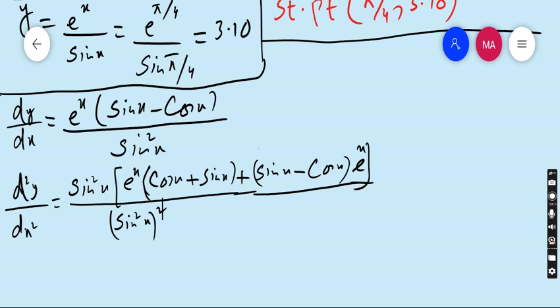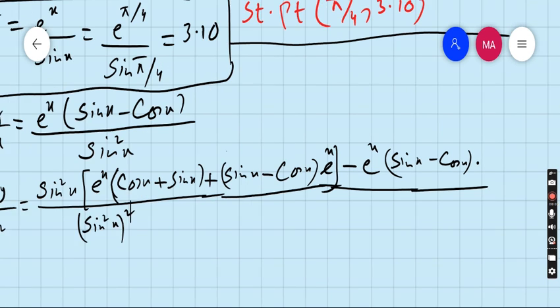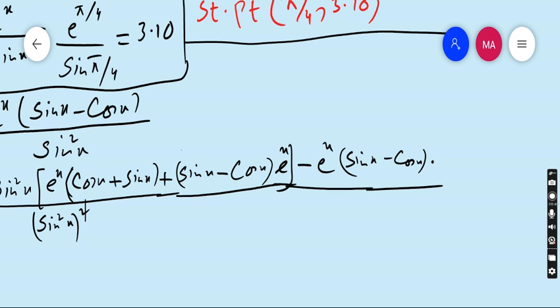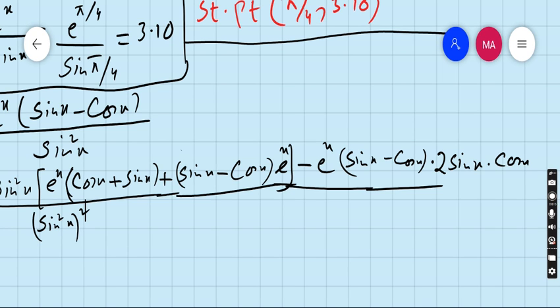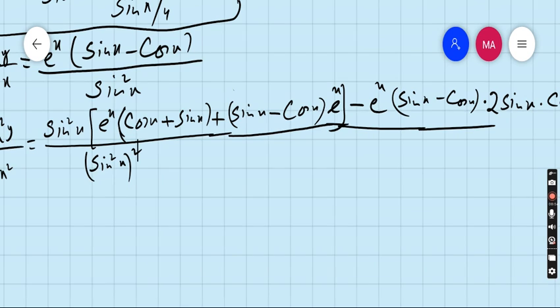So this is the derivative of u. So repeat again: v squared, v as it is, derivative of u, minus u as it is, that is e^x times sin x minus cos x, dot derivative of v, derivative of sin square x. Sin square x derivative is 2 sin x into derivative of sin x, cos x. So this is the complete package of the double derivative.